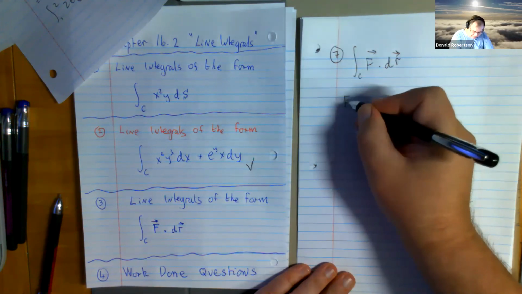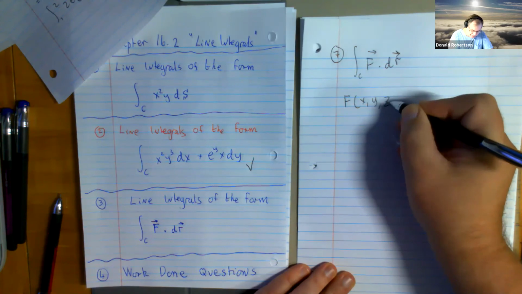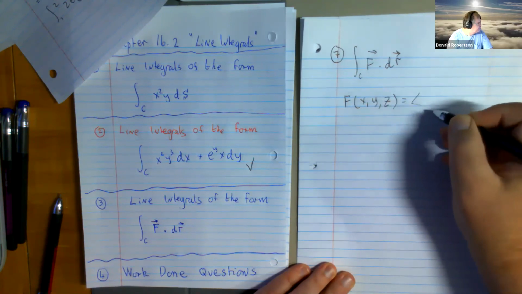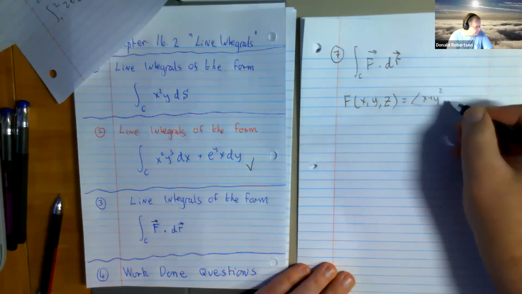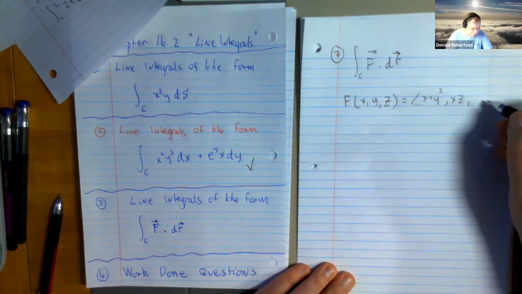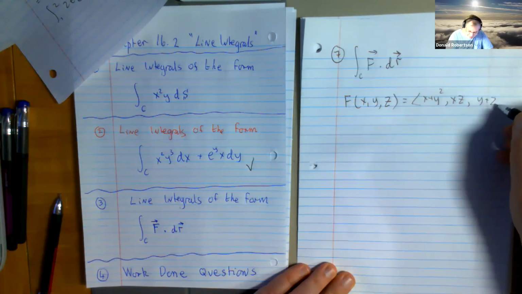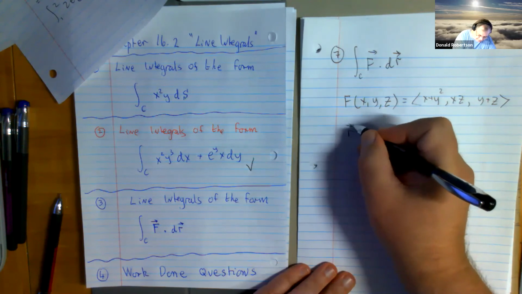And the vector function is 3-dimensional. And it's x plus y squared, xz, and y plus z. I'm not actually convinced this is going to be any nicer than the one I just did.